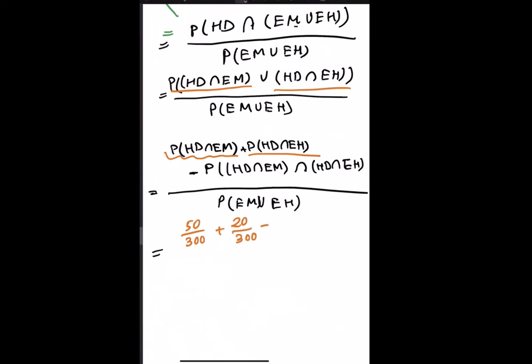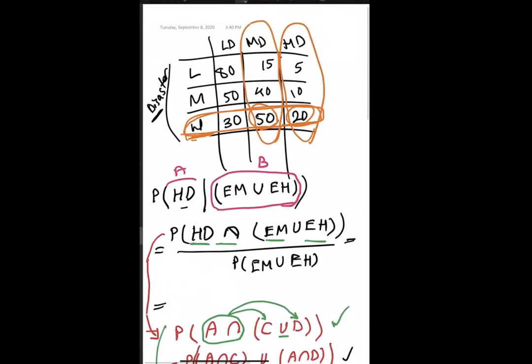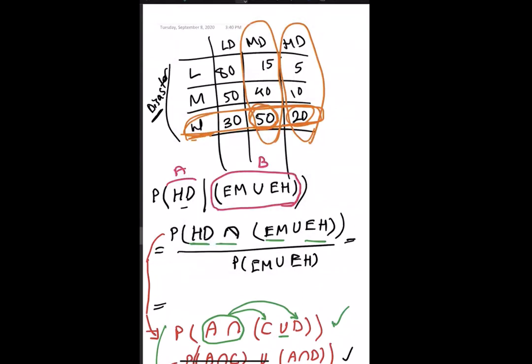Minus the probability of high debris and earthquake moderate and high debris and earthquake high.